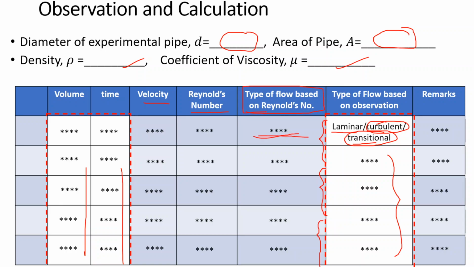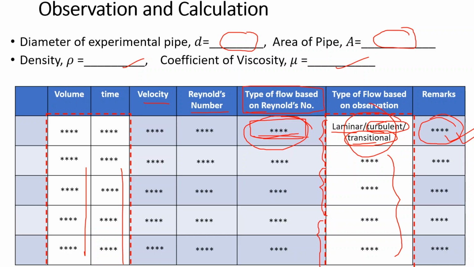If it is between 2000 to 4000, it will be transitional, and if it is above 4000, it will be turbulent. And we'll just check whether this calculated result matches with our physical observation, and we'll put that in the remarks whether it is correct or not. So that's how we conduct this experiment.